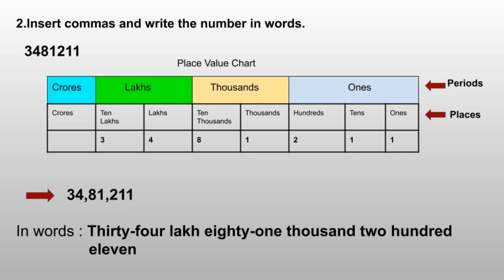Start from the 1. 1 is in ones place. Next, 1 in tens, 2 in hundreds place. So we need to insert 1 comma here. Next, 1 in thousands, 8 in 10,000s. Again we need to insert 1 comma. 4 in lakhs place and 3 in 10 lakhs place. Finally, 34,81,211.